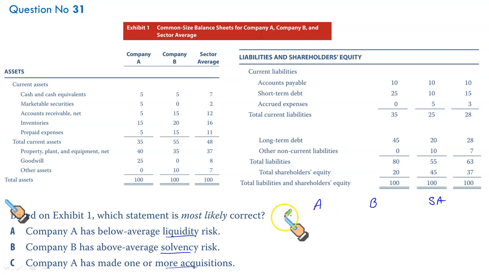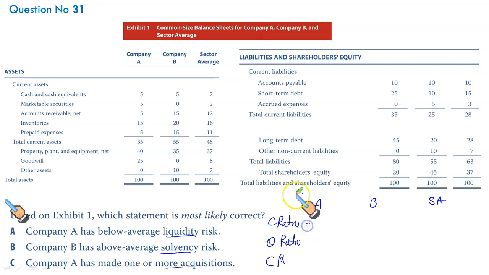So we need to first measure liquidity. Liquidity is measured through three measures: cash ratio, quick ratio, and current ratio. Let us do them all one by one.